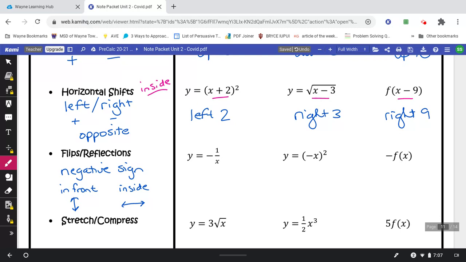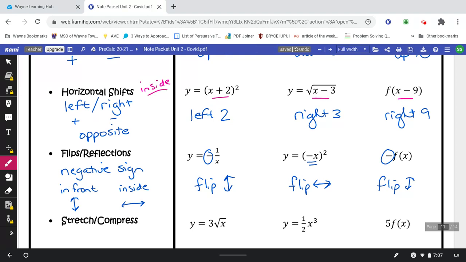All right, so here I see a negative out front. So that's going to flip up, down. Versus here, the negative is on the inside of the parentheses. So that's going to flip to the right or to the left. And then here I see it out in front again. So that's going to flip it up, down.